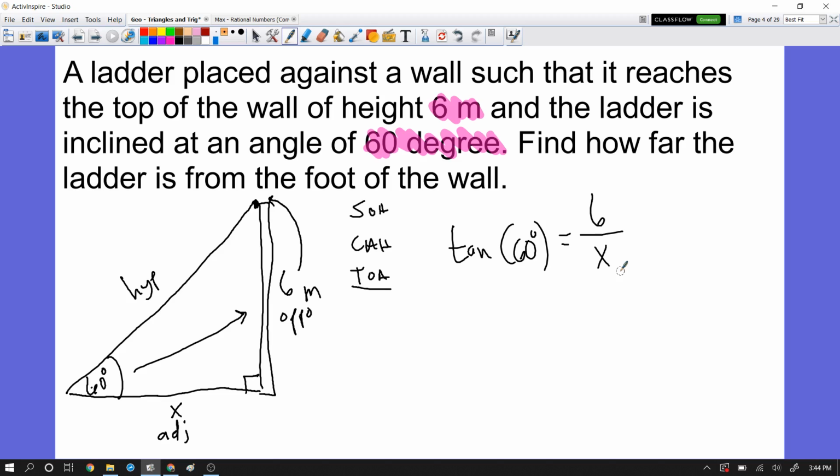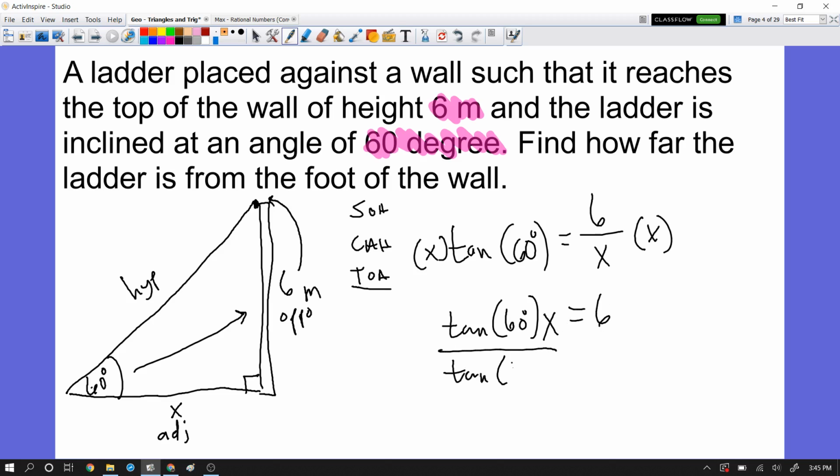Okay. So what are you supposed to do here? Well, just like whenever we had a number on the bottom and x on top, we multiply both sides by x, then that will give us... and what do we do anytime we have something next to a variable?